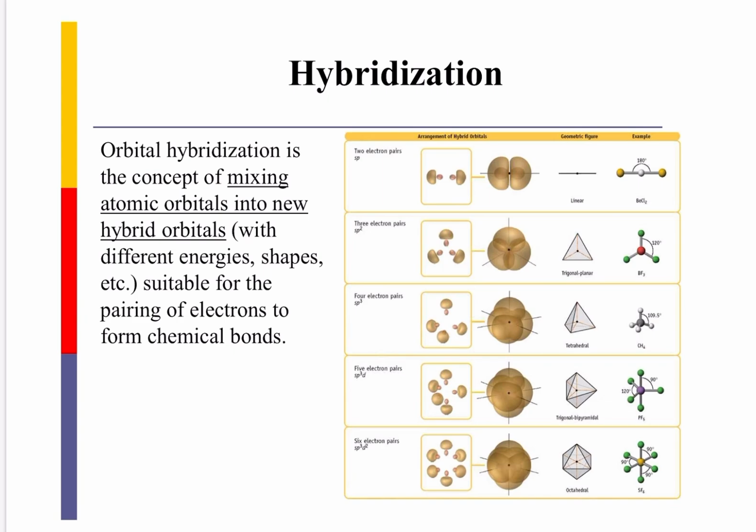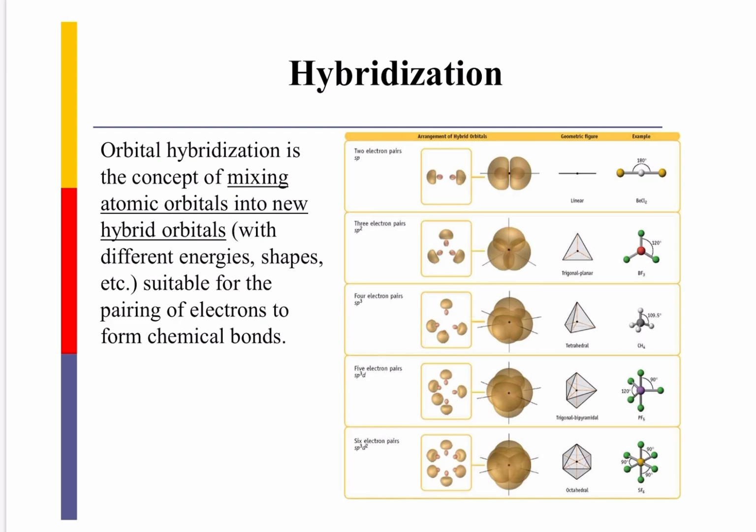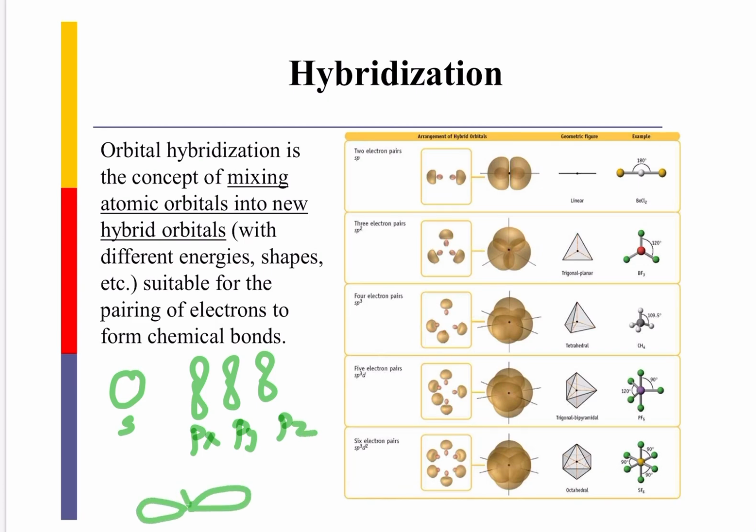For example, when we have a 1s orbital, which is circular, and a 3p orbital, px, py, and pz, in this case we will form four identical sp3 orbitals, and it is very easy, as you see here.